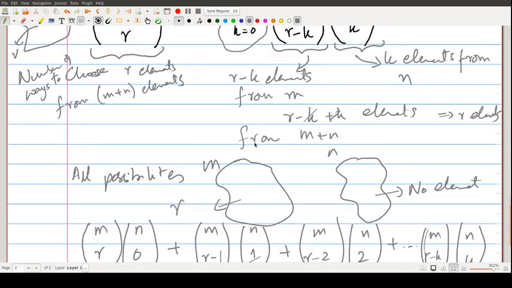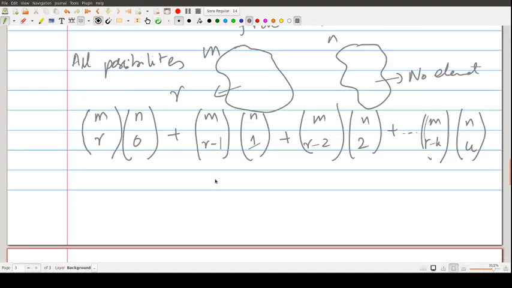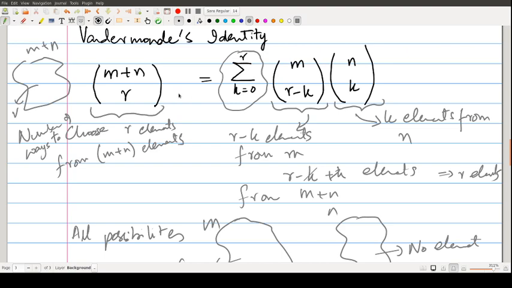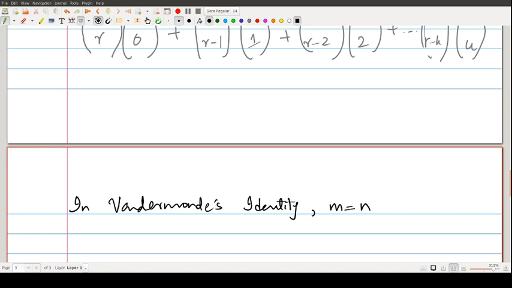Okay, so in Vandermonde's identity, if I select m equals n, then what do you get?